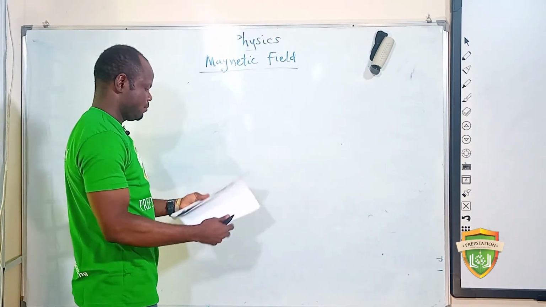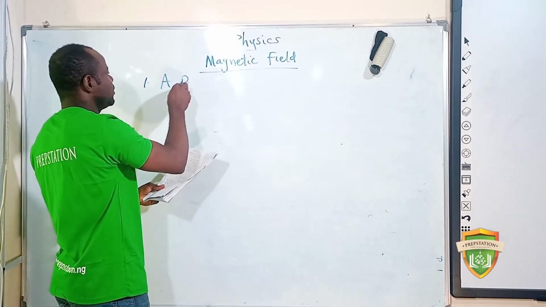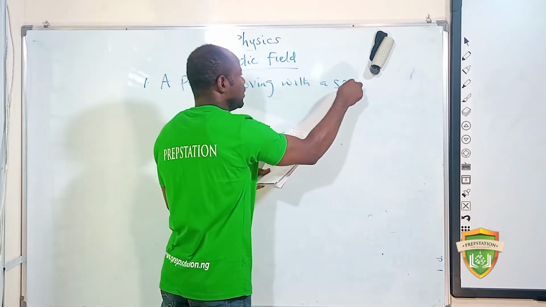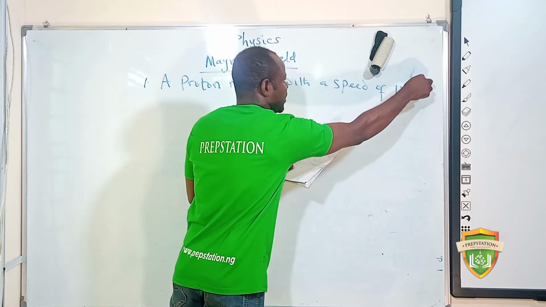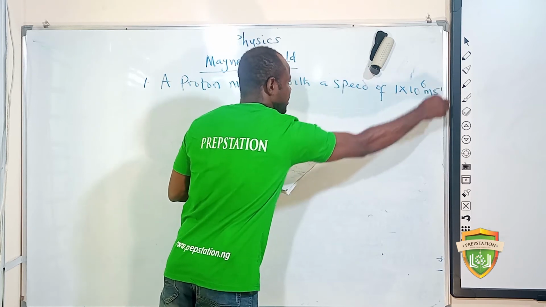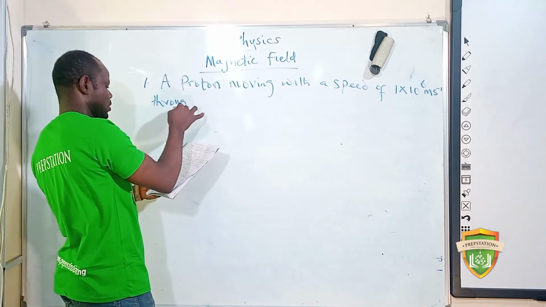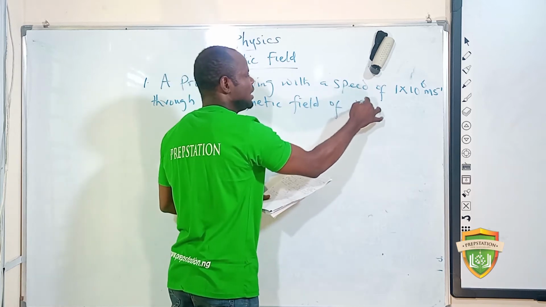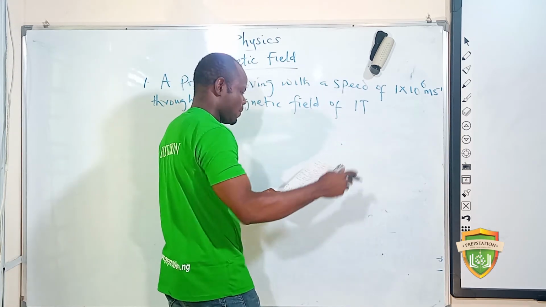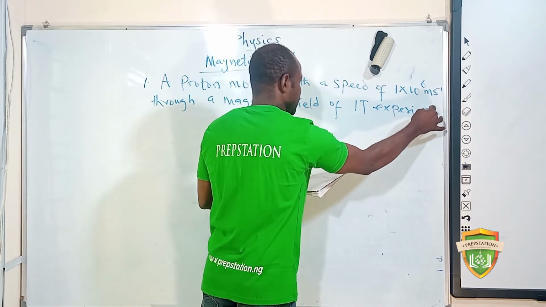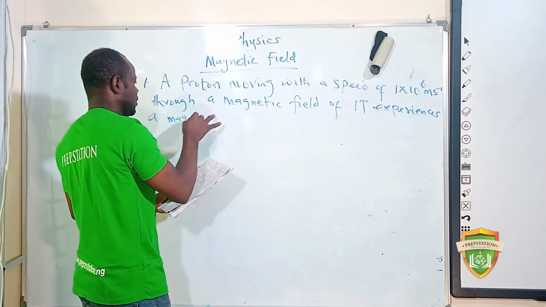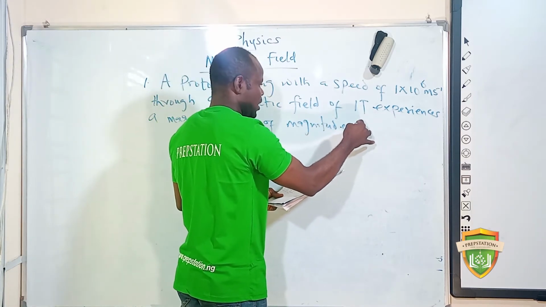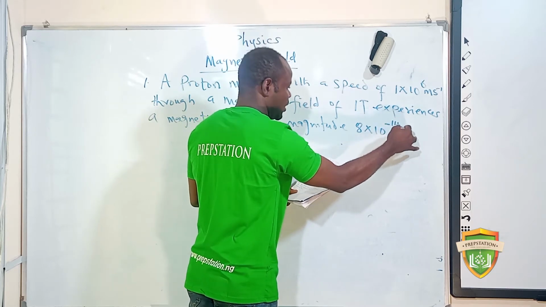Question 1 goes thus. A proton moving with a speed of 1 by 10 to the power 6 meter per second through a magnetic field of 1T experiences a magnetic force of magnitude 8 by 10 raised to the power of minus 14 newtons.